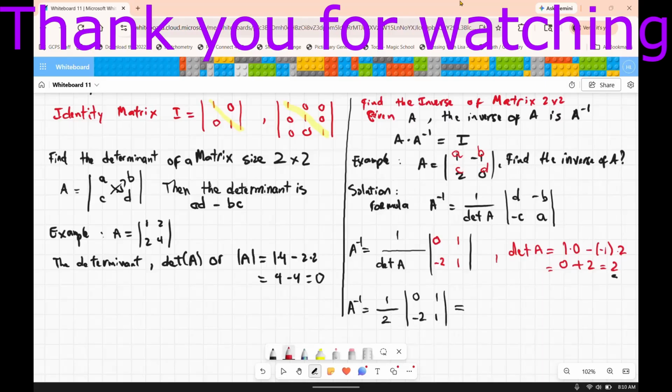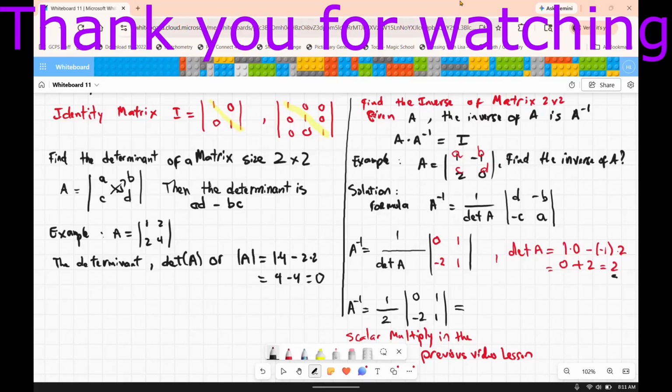This is what we call scalar multiplication. If you don't know how to multiply a scalar to a matrix, the lesson is in the previous video lessons.